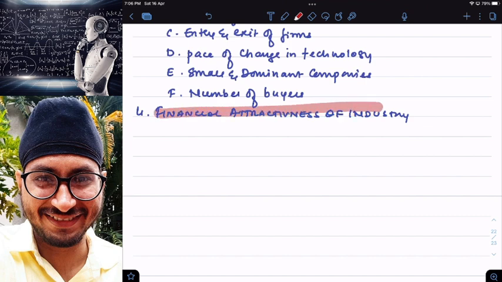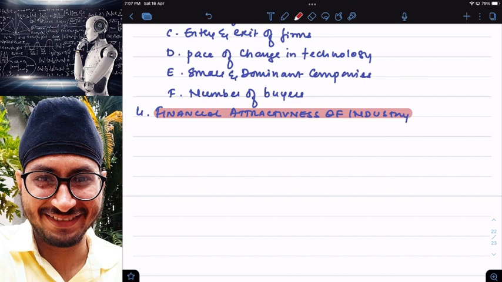Obviously, sir, I will enter an industry only when it is financially attractive, if I feel that I can earn profits and revenue for my business. If I feel profits will not be there in future, or that the industry growth is not there in future, I will not enter that industry, right? Clear? So for financial attractiveness, there are 4 or 5 things we need to keep in mind.